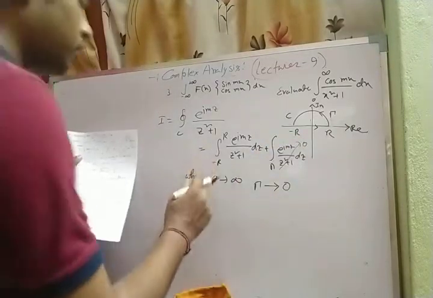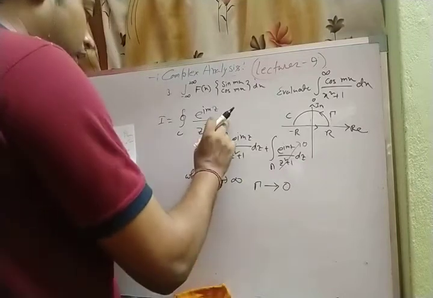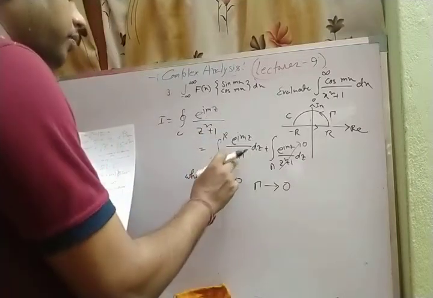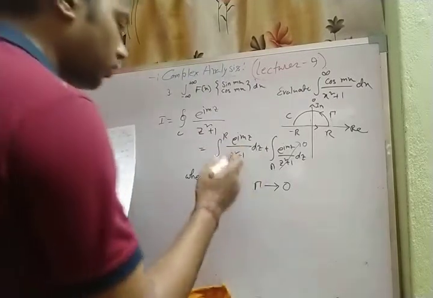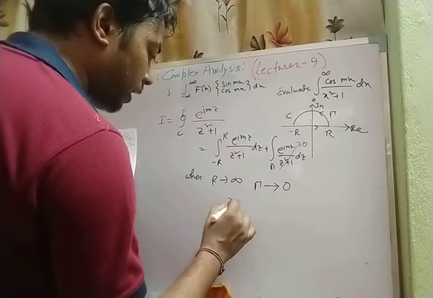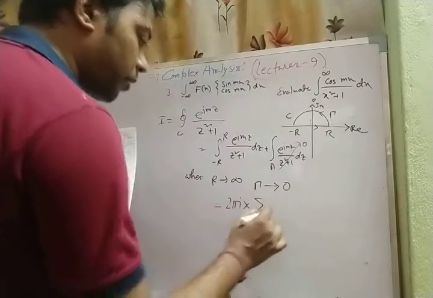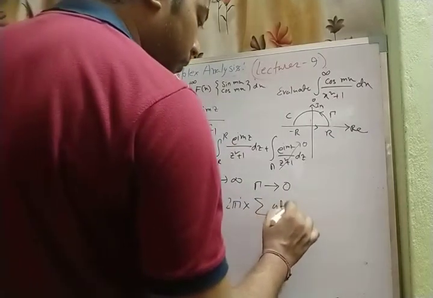So we are getting only this part, minus r to plus r e to the power i mz by z square plus 1 dz. This gives 2 pi i into the sum of residues in the upper plane.